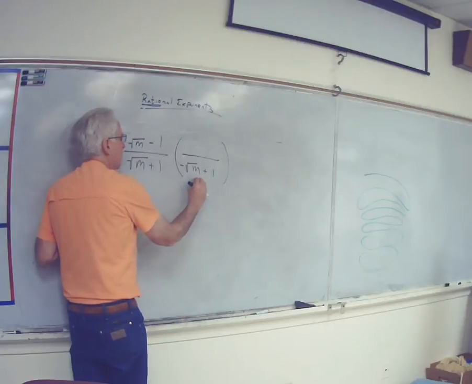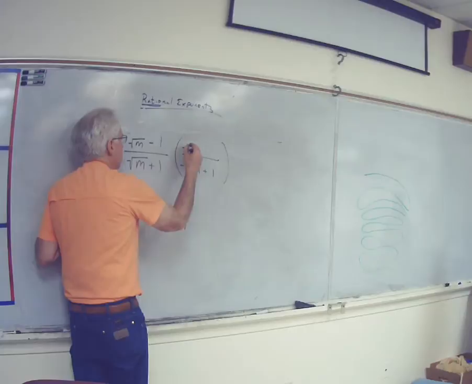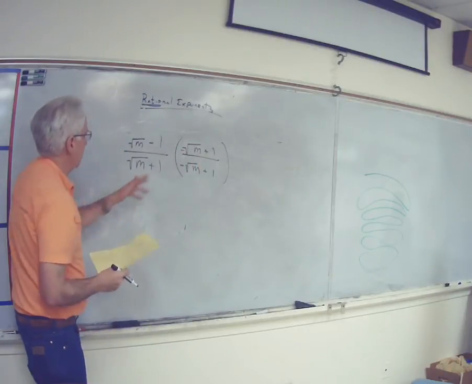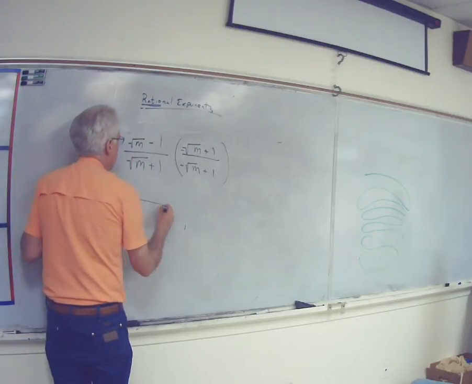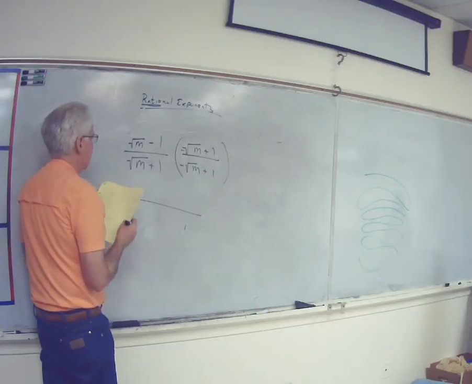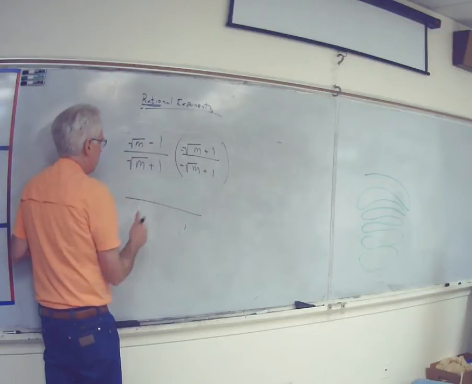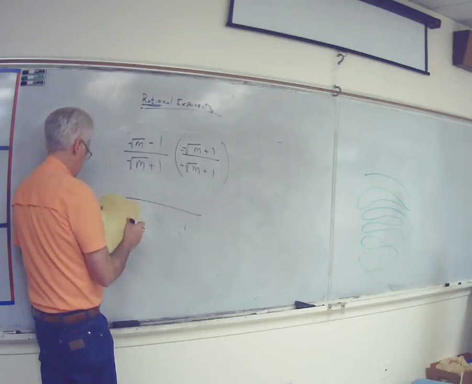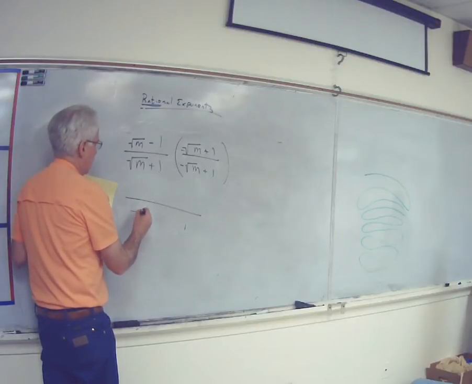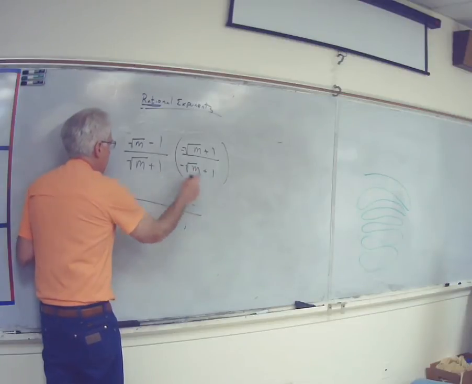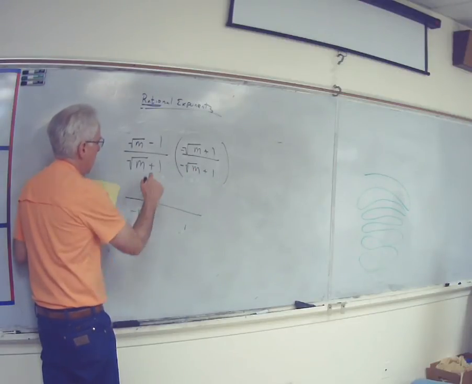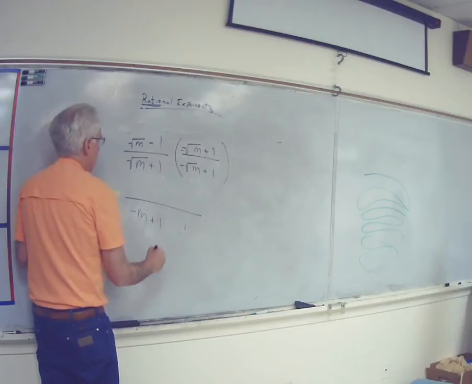If I multiply the denominator by that, I have to multiply the numerator by that. So I've really multiplied by 1. I haven't changed anything, but it's going to fix my problem. The square root of m times minus the square root of m is minus m, and then minus the square root of m plus the square root of m goes away, leaving plus 1.